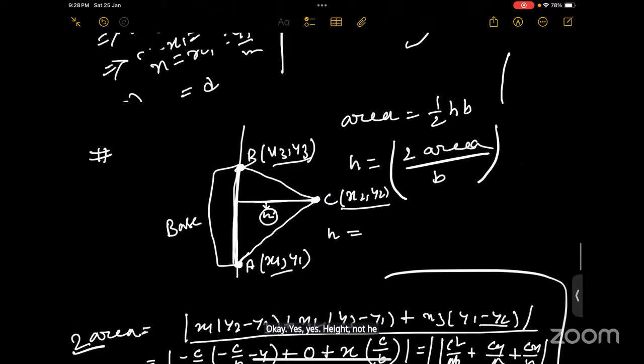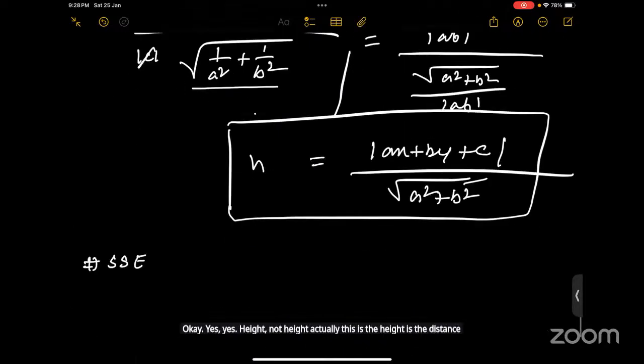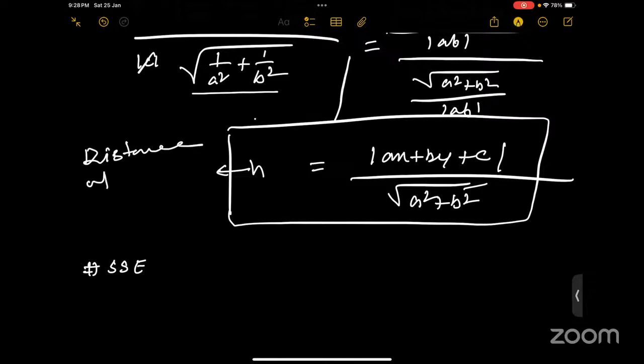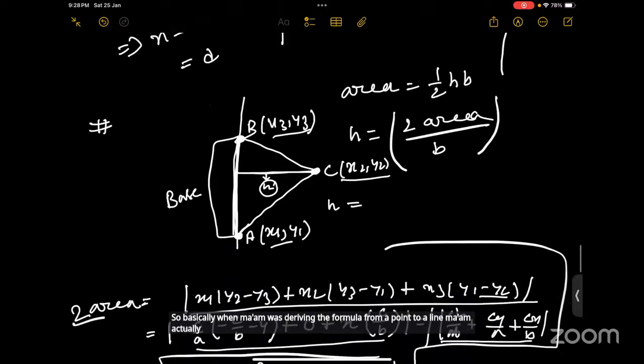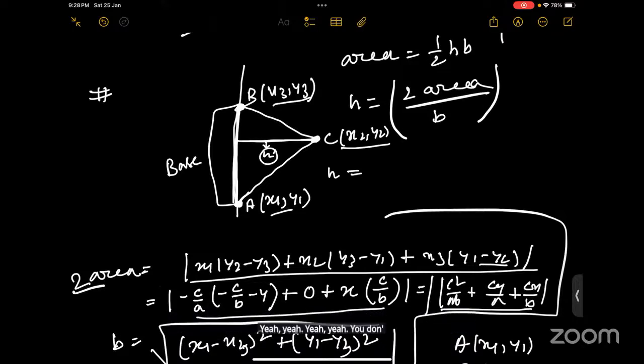Actually, this height is the distance from the line AB to C. Basically, the distance of C. When ma'am was deriving the formula for the distance from a point to a line, ma'am assumed the area and height for derivation. You don't have to consider it like a triangle.